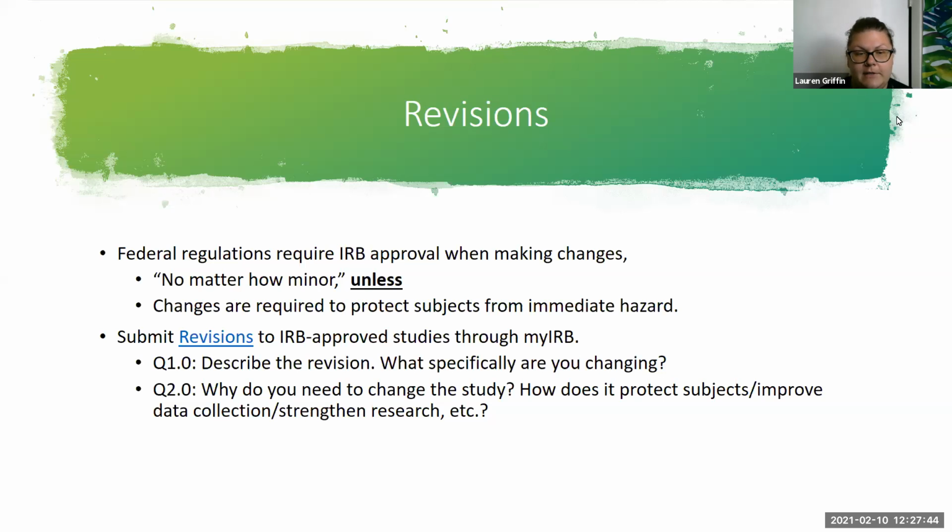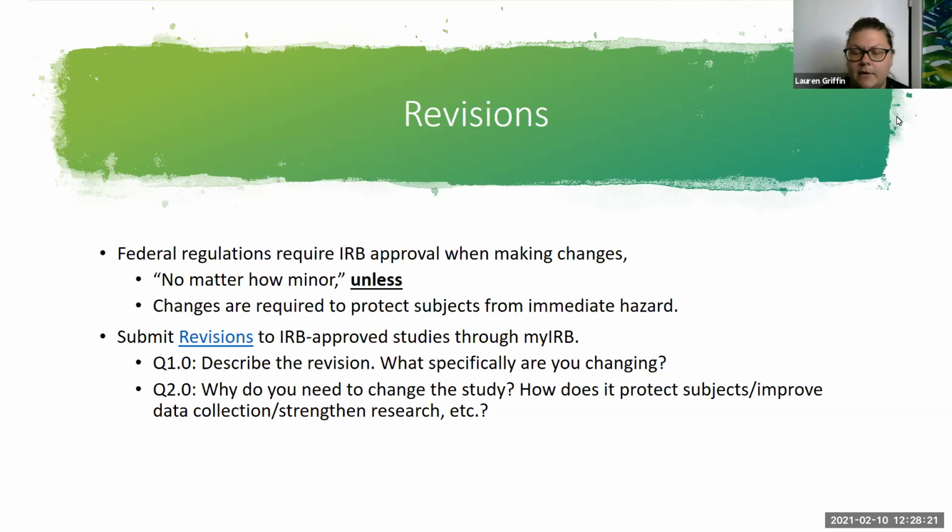So in submitting revisions, you're going to have a revision smart form. There's several questions, but the first one is, describe the revision. We want to know specifically what you're changing. If you say we're updating our protocol, that does give the reviewer some information, but not as much as if you say we're updating our protocol because we're adding a new recruitment site, we have a new co-investigator, and we are switching out test A for test B because we found that both of them are working equally well, and one of the tests takes less time.